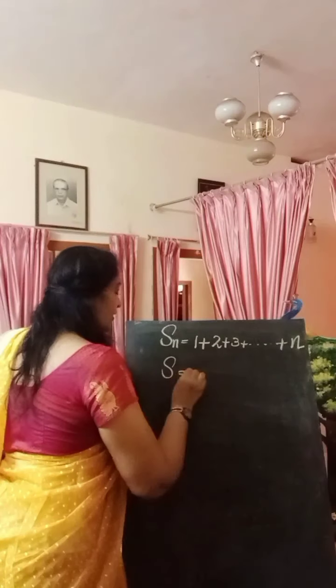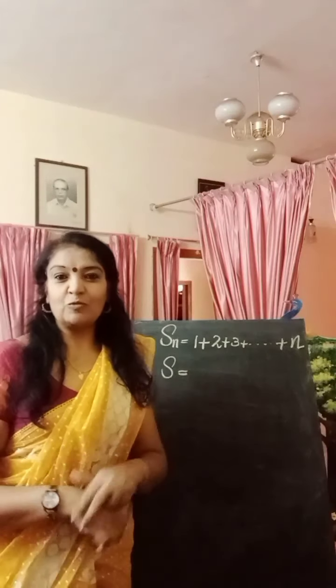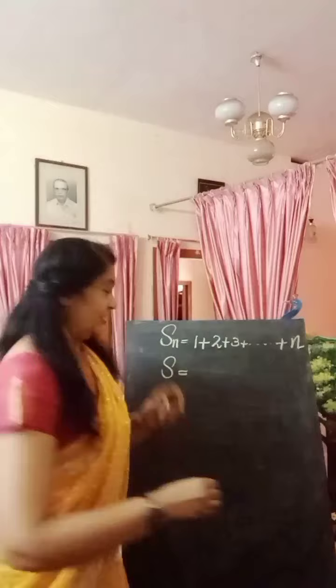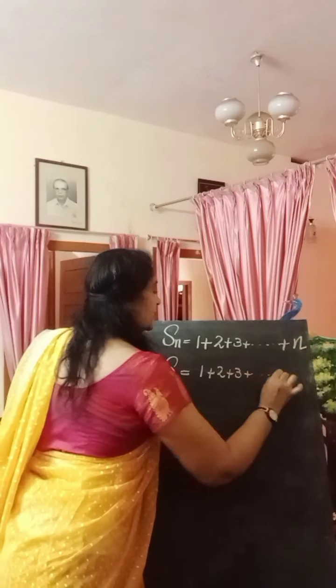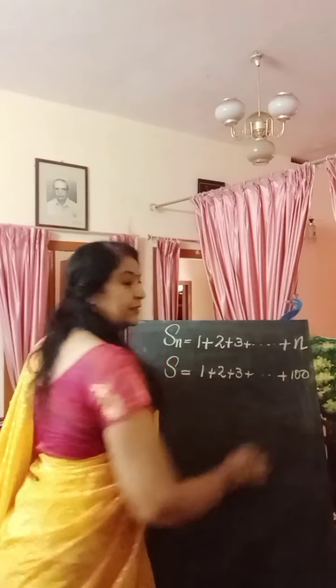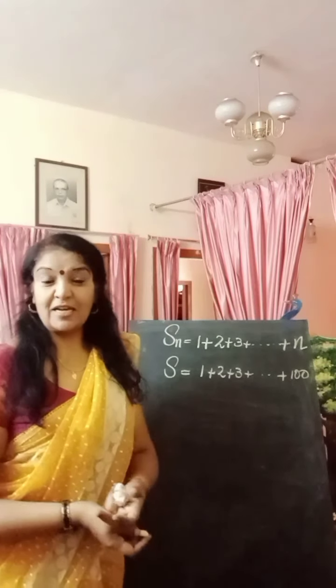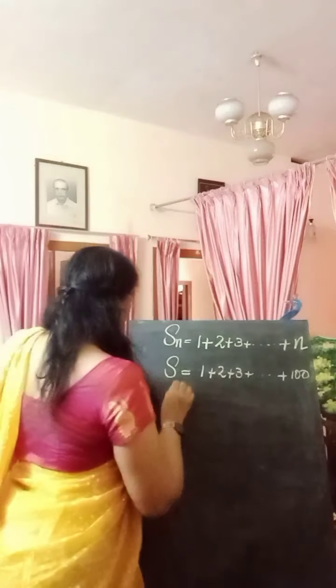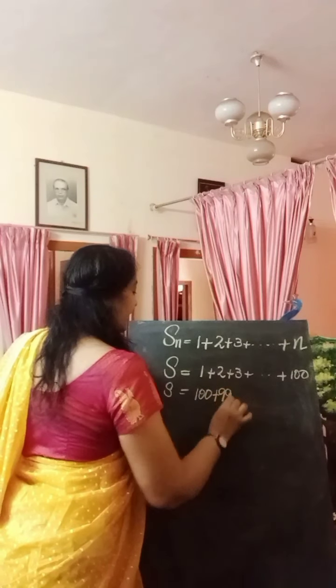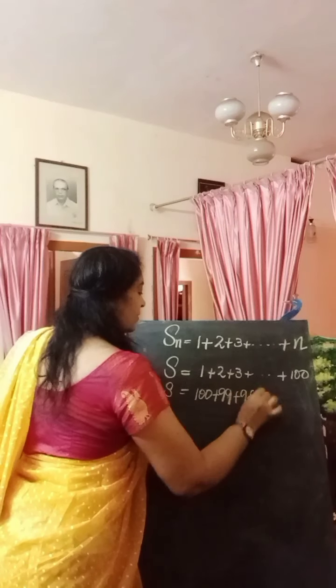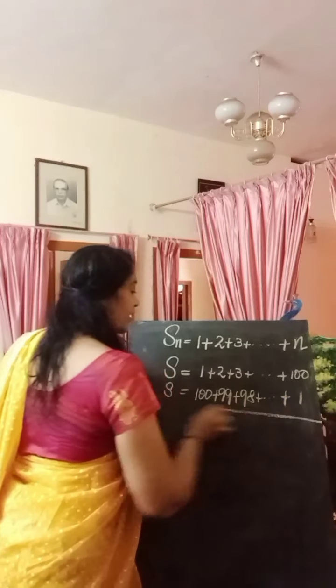He arranged the numbers 1 to 100 in ascending order: 1 plus 2 plus 3 plus etc. up to 100. And the same numbers he arranged in descending order also. So S equals 100 plus 99 plus 98 plus etc. up to 1.